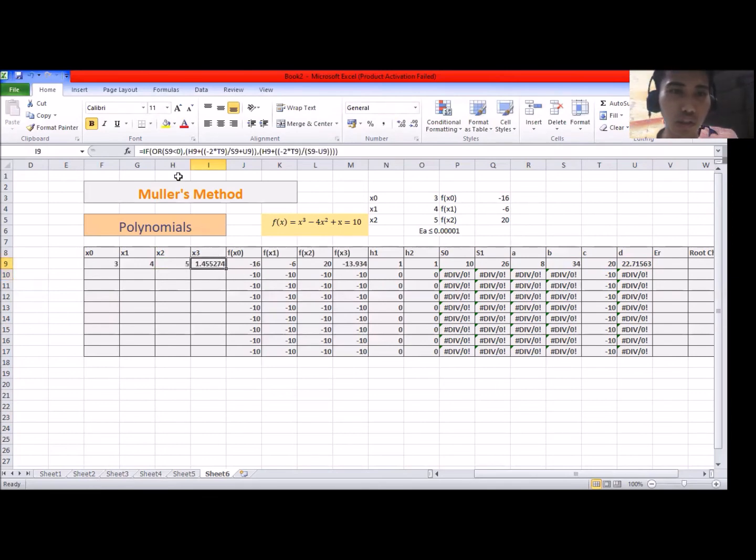Let's look on here. Let's repeat until we get or satisfy the initial value.